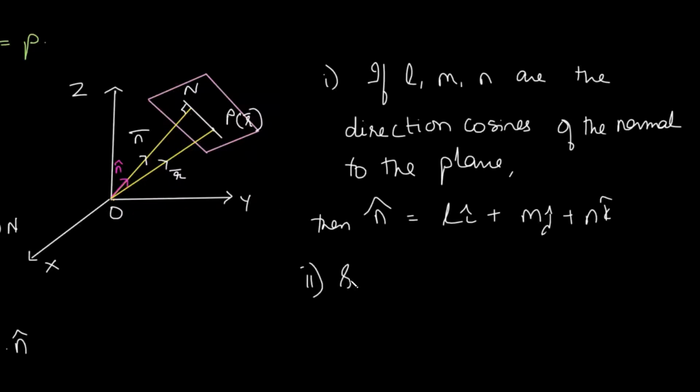Okay, so since the length of ON, which is the perpendicular drawn from the origin to the plane, is P, we have the coordinates of N. N is the foot of the perpendicular from the origin to the plane, and so the coordinates of N are given by LP, MP and NP.